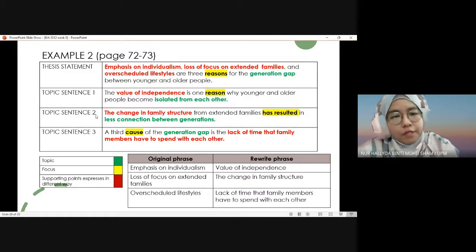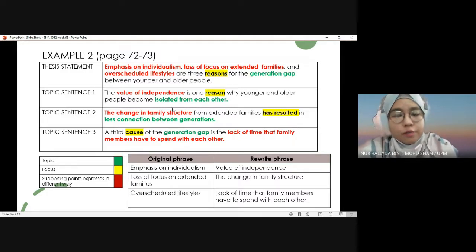The second topic sentence is the second reason. The second reason here is: the change in family structure from extended families has resulted in less connection between generations. In the thesis statement, it is written as loss of focus on extended families, but in the topic sentence, it is written as the change in family structure.